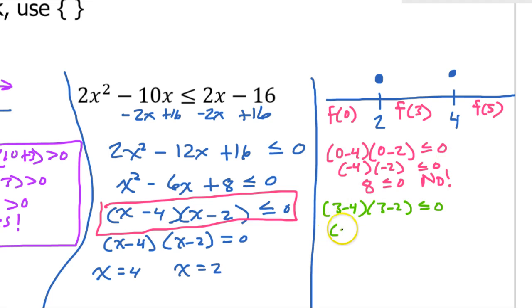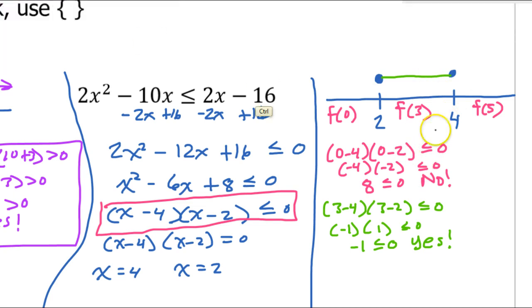Well, this would be negative 1 times positive 1. Okay, which is negative 1. Is that less than or equal to 0? Yes. Okay, that means that 3 is a solution. So that means everything in this zone is a solution. So I'll show that with a little line like that.